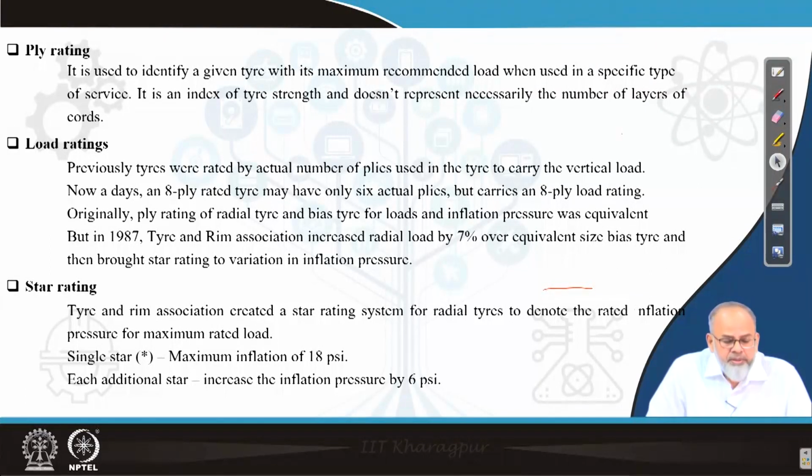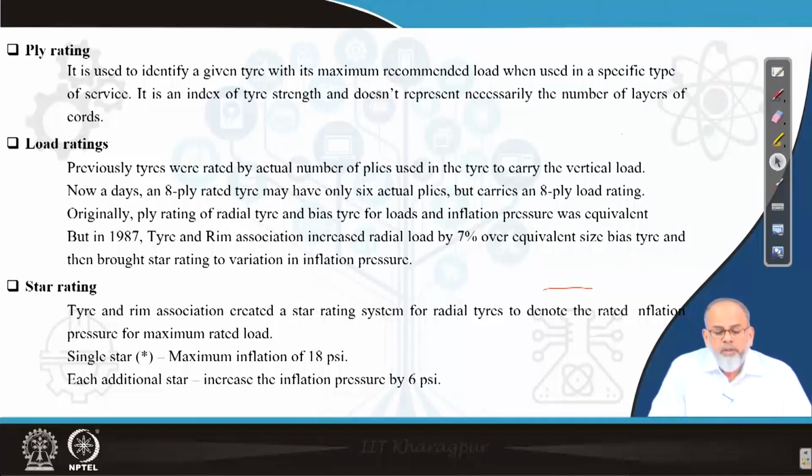Then the second one is load rating. Previously, the tires were rated by the actual number of plies used in the tire to carry the vertical load. But nowadays, an 8 ply rated tire may have only 6 actual plies, but it can carry 8 ply load rating.